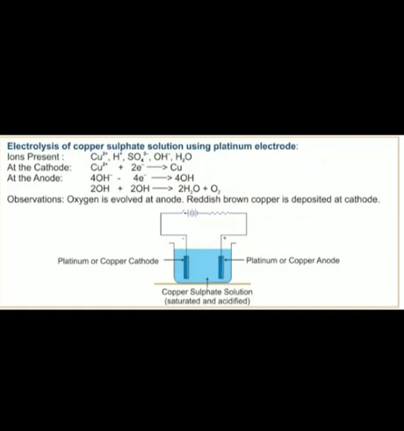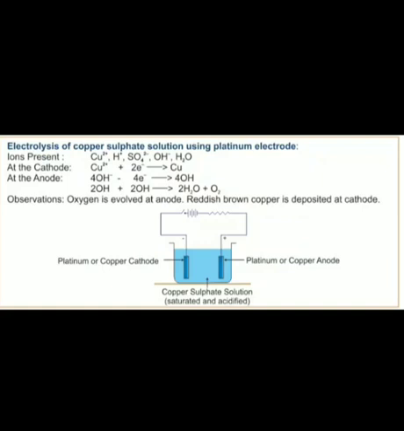And at anode, what is the reaction? There are sulfate SO4 2 minus and OH minus. Here hydroxide will be discharged. That means hydroxide will migrate towards anode and it is neutralized in the form of oxygen. So at cathode it forms copper and at anode oxygen gas is liberated.